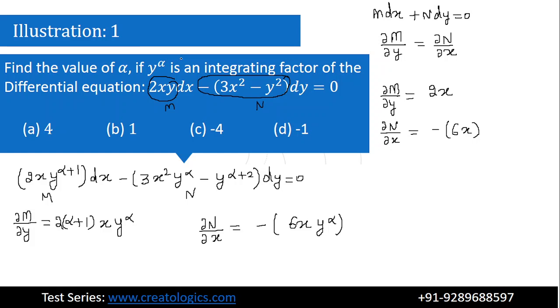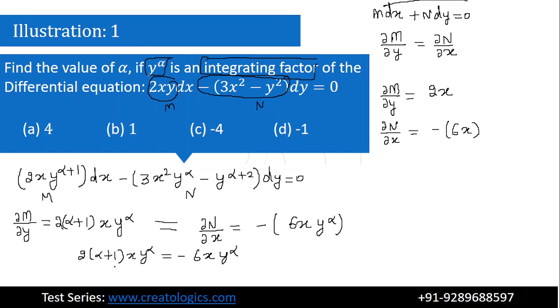It is given that y raised to the power alpha is an integrating factor. It means your differential equation was exact. It means these two must be same. So if I equate them, I get 2 times alpha plus 1 times x y raised to the power alpha becomes equal to minus of 6x times y raised to the power alpha.